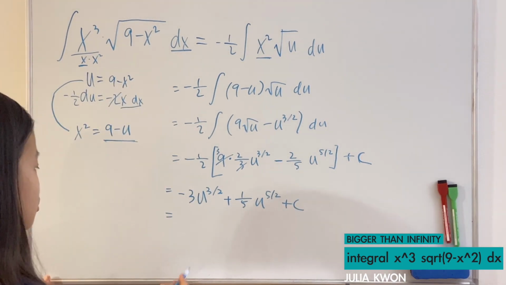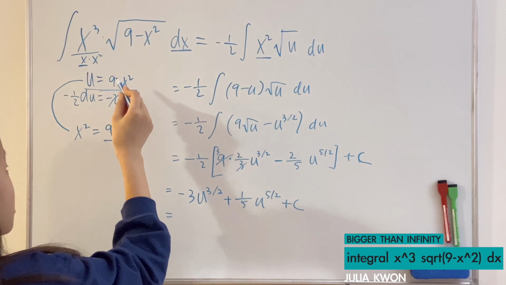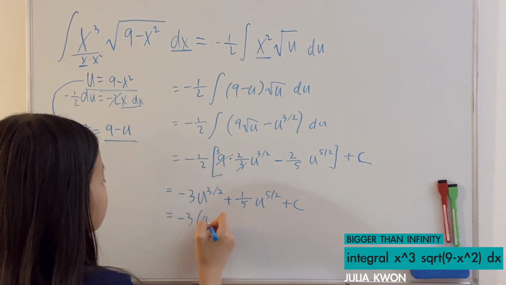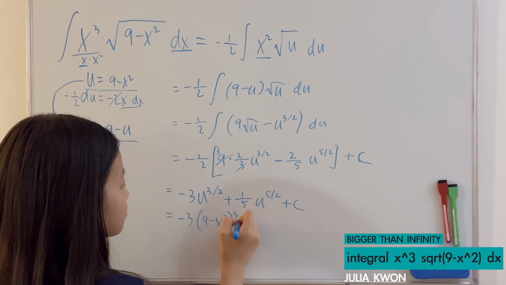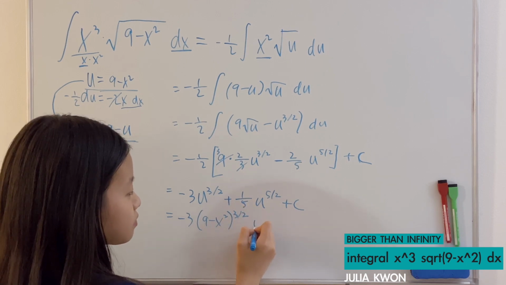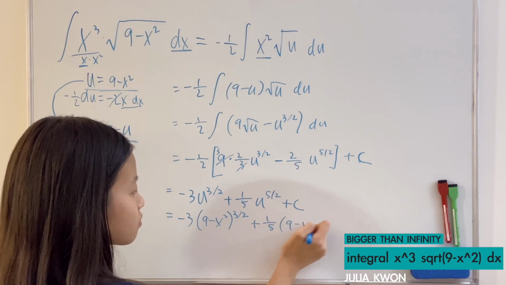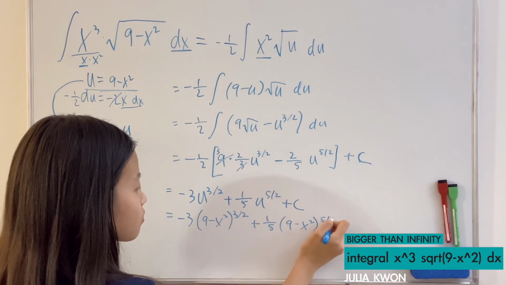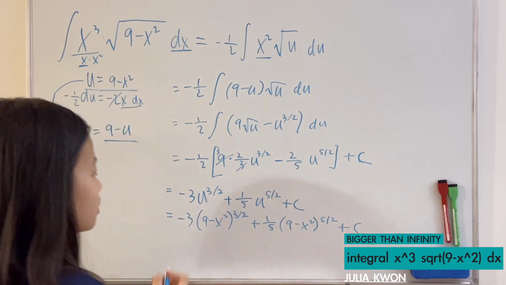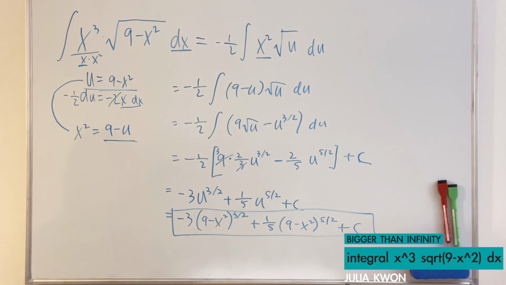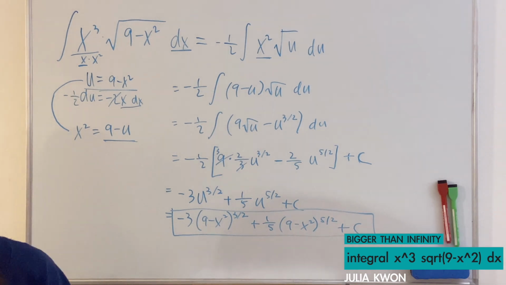Now we can substitute the u back, which is equal to 9 minus x squared. This would be our answer for the integral of x cubed times square root of 9 minus x squared dx.